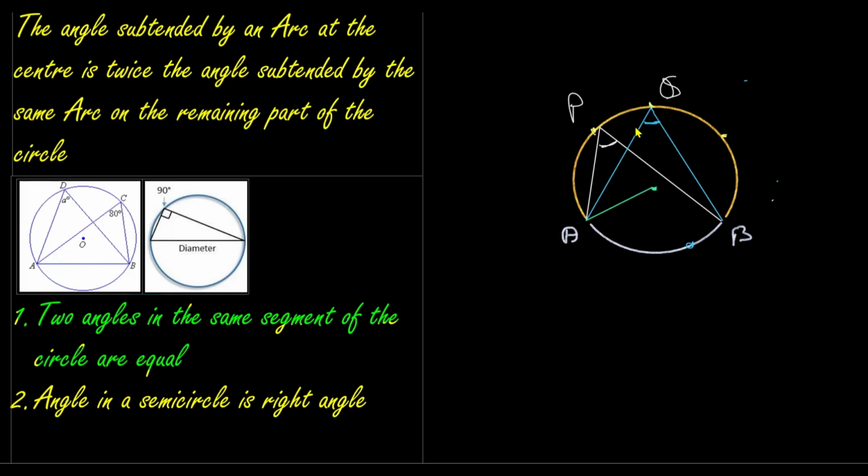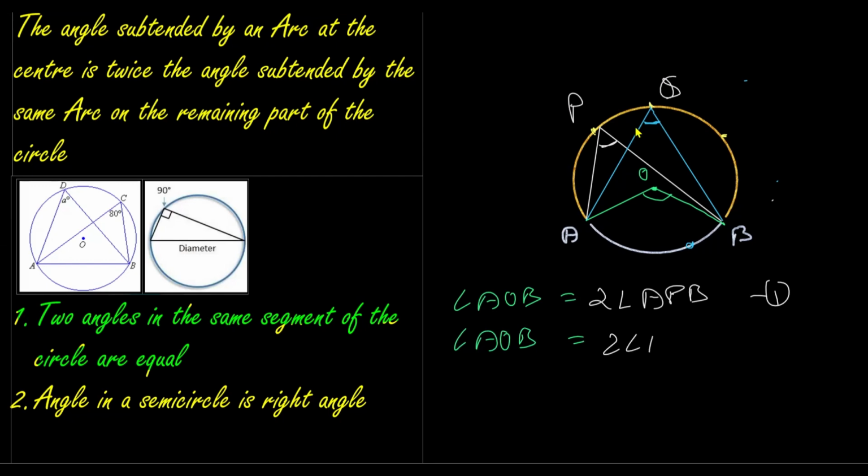So why is it so? Let's figure out. Over here I said that angle AOB, using the alternate segment property, should be twice angle APB. And using the same property, I can say that angle AOB should be twice angle AQB. As you can see, angles APB and AQB are on the same segment.